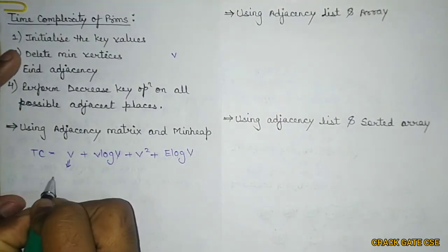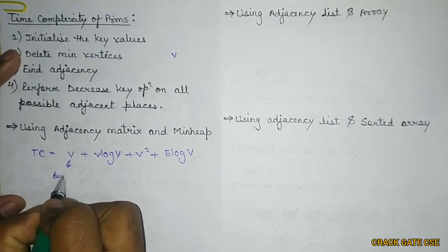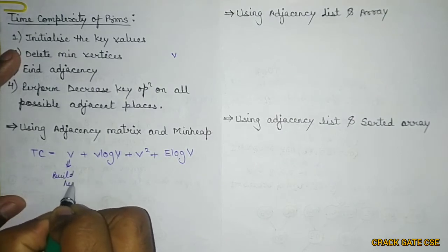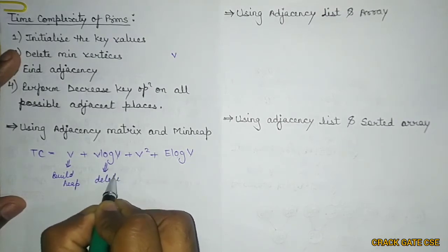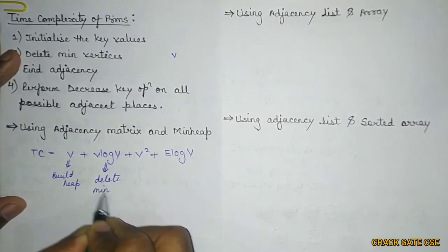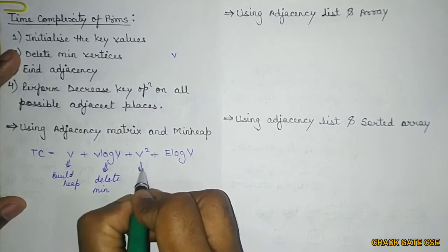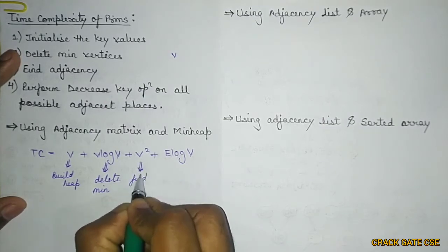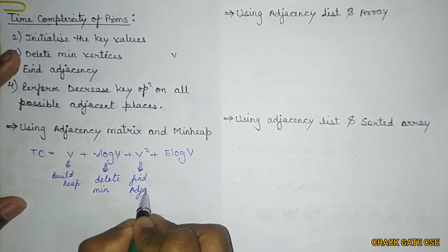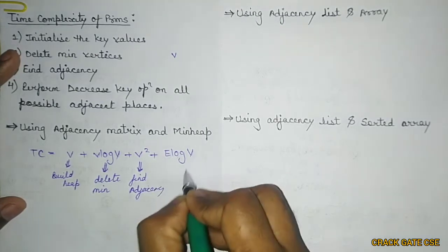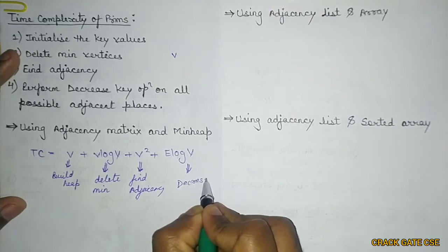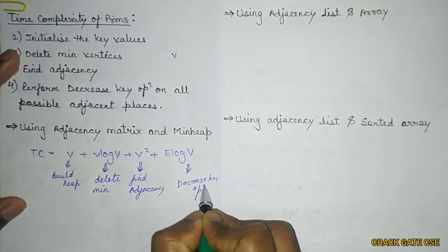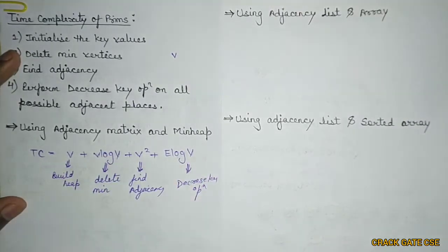This was to build the heap and initialize the values. This was to delete the minimum every time. This one is to find adjacency, and this one is to perform the decrease key operation. This is how I figured out this particular equation.